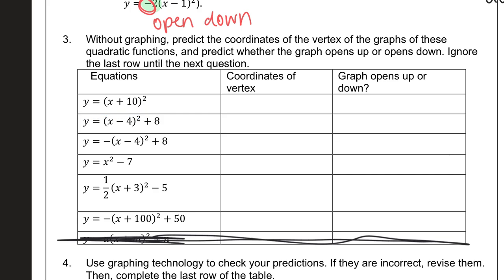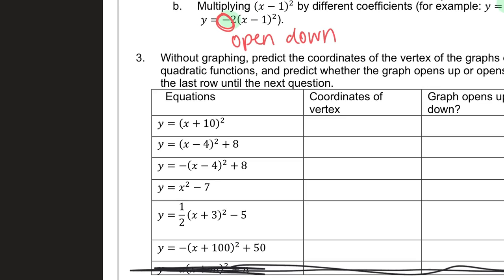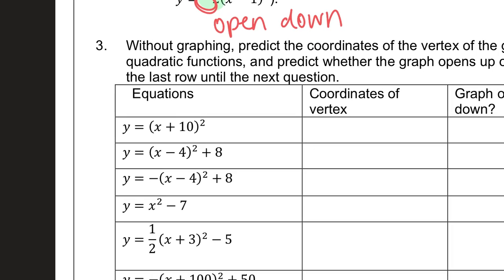So remember that this number in our parentheses gives us the x value of the vertex. So if we're thinking about our equation, our general form is y equals a times (x minus h) squared plus k. That's our general form for a vertex equation. And our coordinates are h, k.